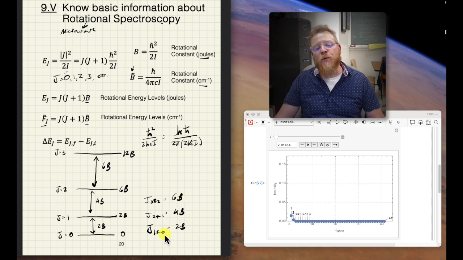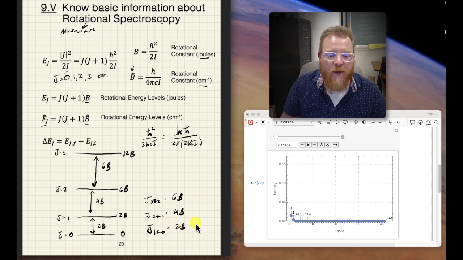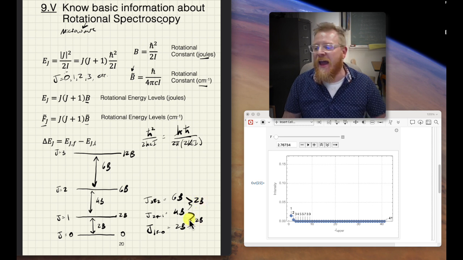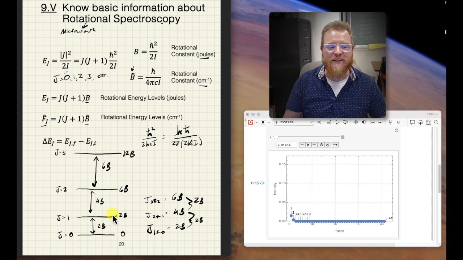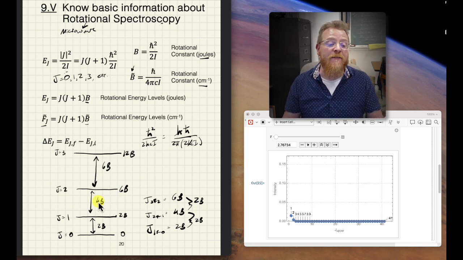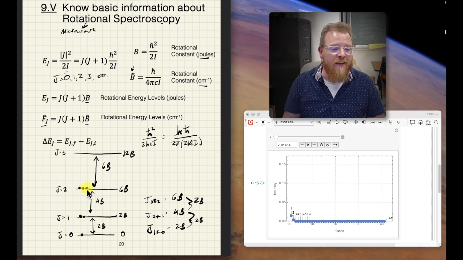Hopefully you can see a pattern now. That pattern is that the levels are actually spaced by every 2 times B. I know that that's not immediately obvious looking at this, but what we have to consider is that at a given temperature, there will already be molecules populated within these states.